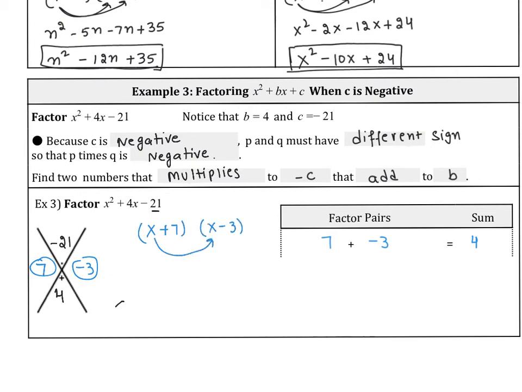And then you're going to use the FOIL to see if the factor that you got for the standard form is correct. So you got x squared minus 3x plus 7x minus 21. Combine the like terms, you got x squared plus 4x minus 21.